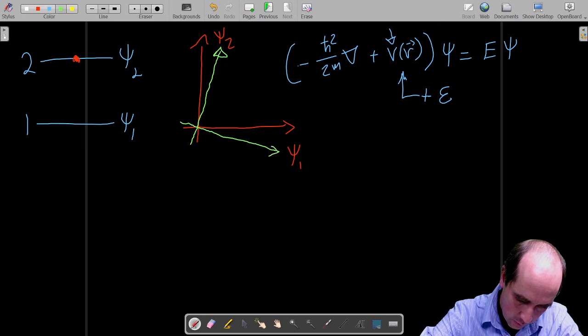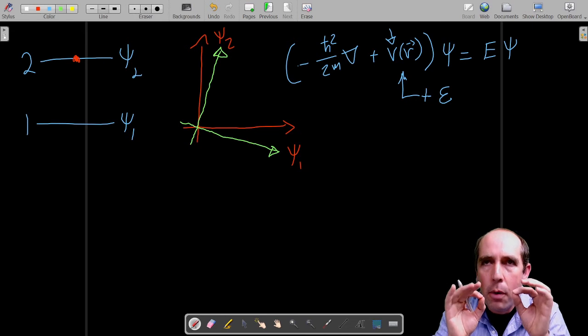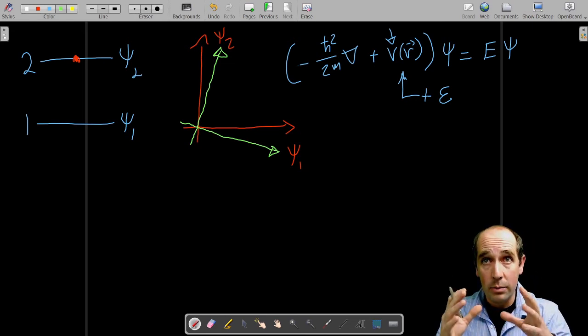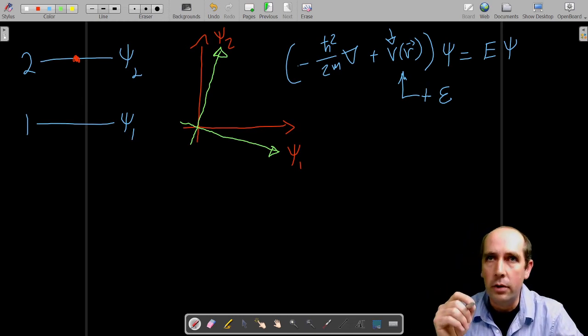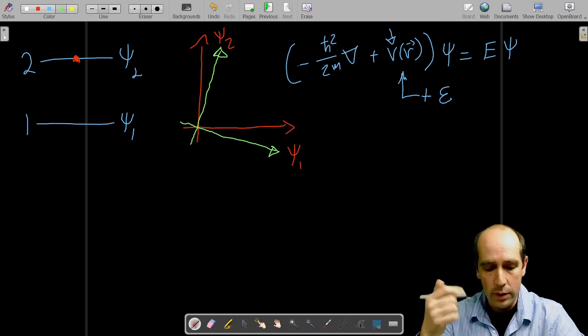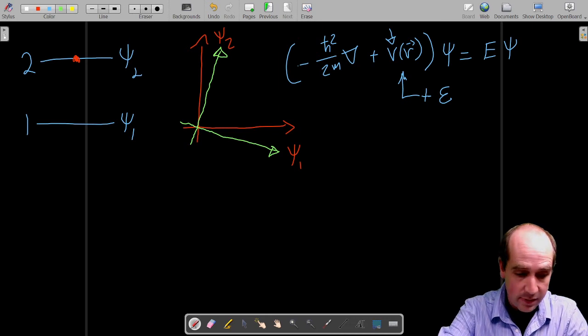So when this vacuum fluctuation has imposed a little bit of electric field on the atom, and therefore perturbs a little bit the Hamiltonian, it will have perturbed the eigenstates of the quantum system.